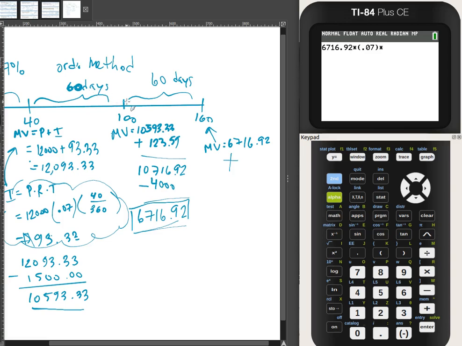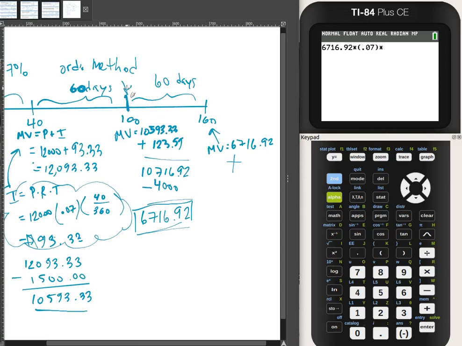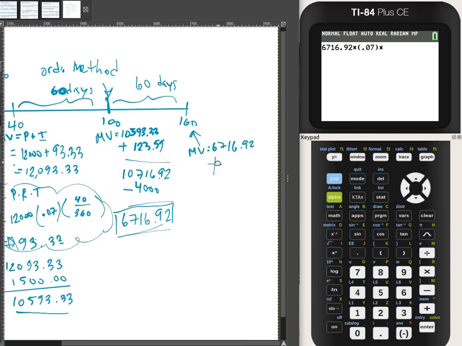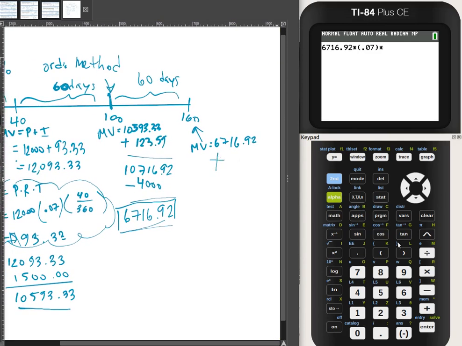We've already dealt with all the interest up until day 100, and we don't have to remember those days. So right now, there's only 60 days left. So we want to add the interest for 60 more days, which means we should go times 60 out of 360. This will be the interest.